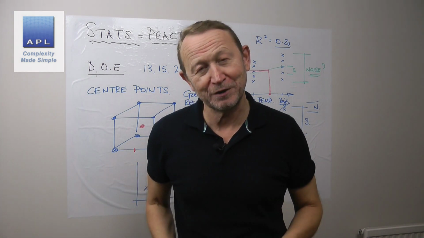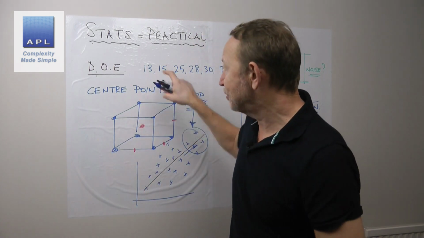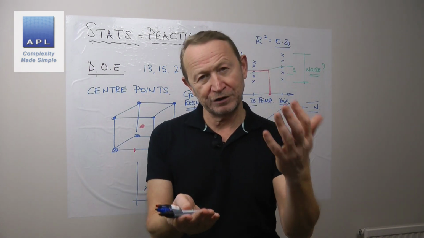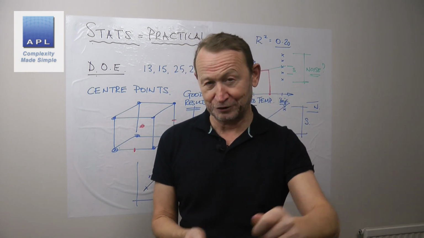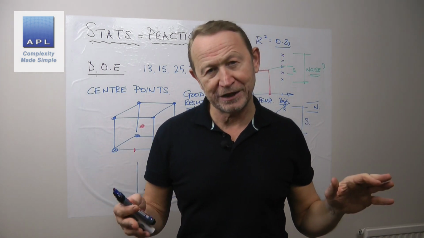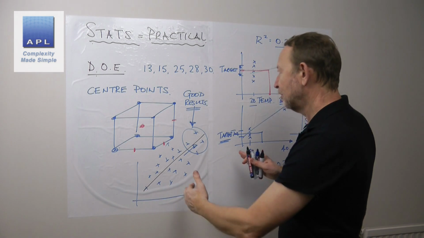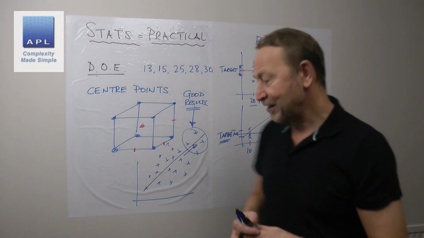It's not going to be a problem. If your tolerances are plus or minus 2, that's a disaster, and you should have removed the noise before you did the DOE. Very important, by the way. Get the process under control before you even do an experiment. But this is a practical response.